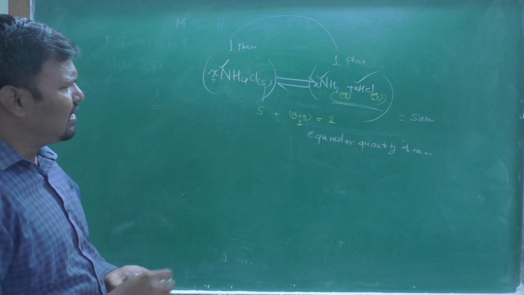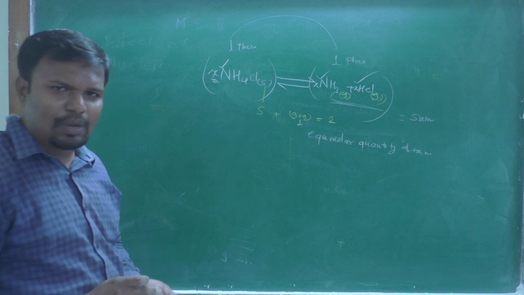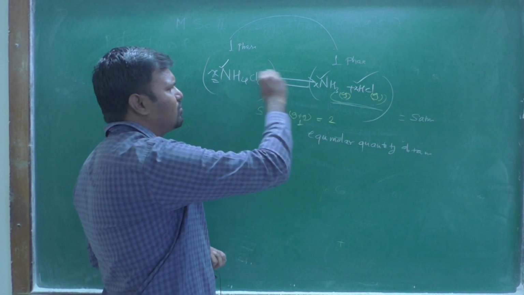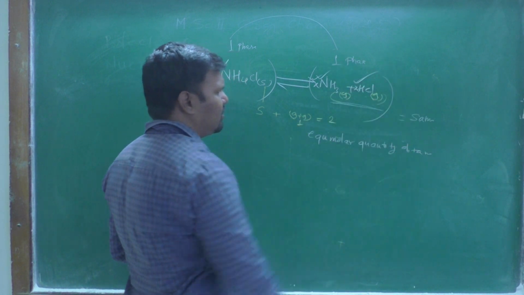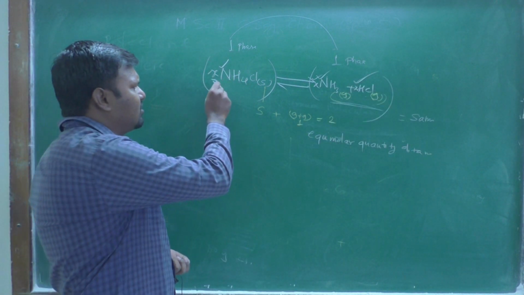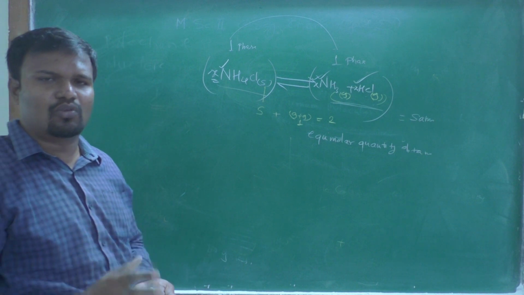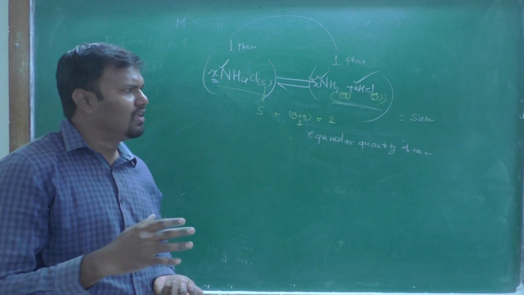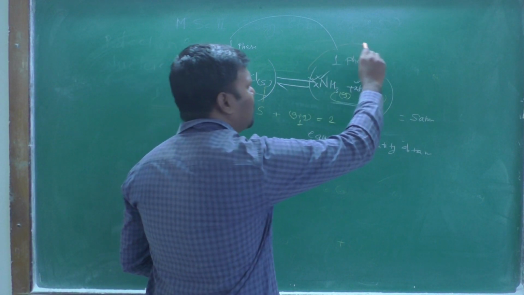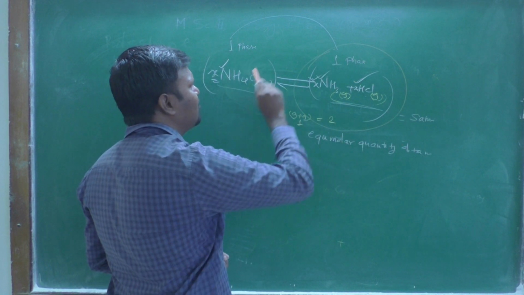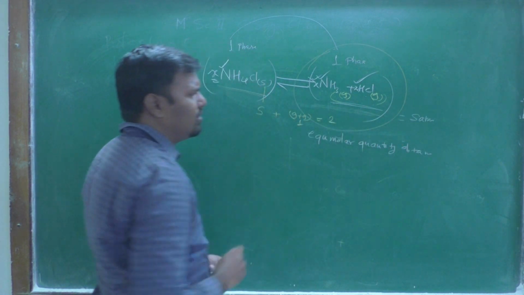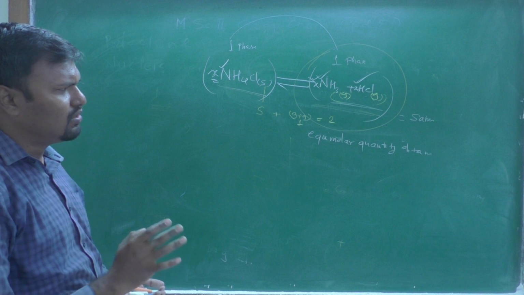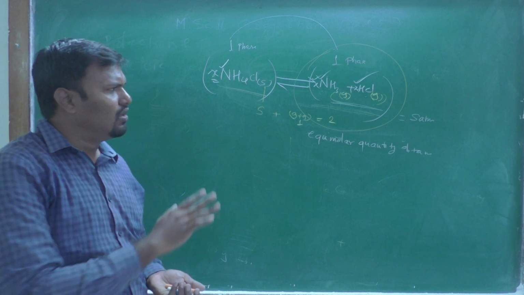In this case, when NH4Cl is decomposed, it definitely forms equimolar quantities of NH3 and HCl. If X moles of NH4Cl are decomposed, it definitely gives equimolar quantities, because they are in the same phase. By using only one component, you can get the composition of the whole system.